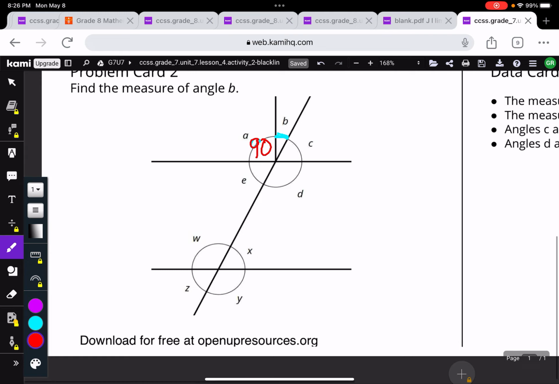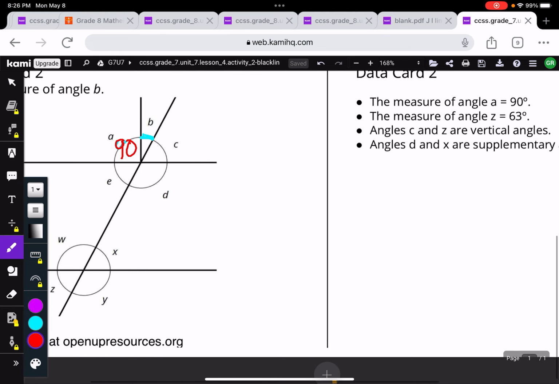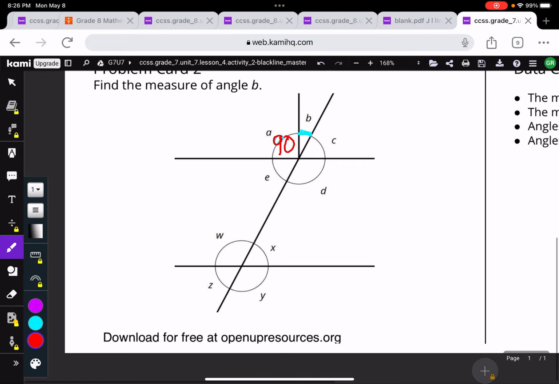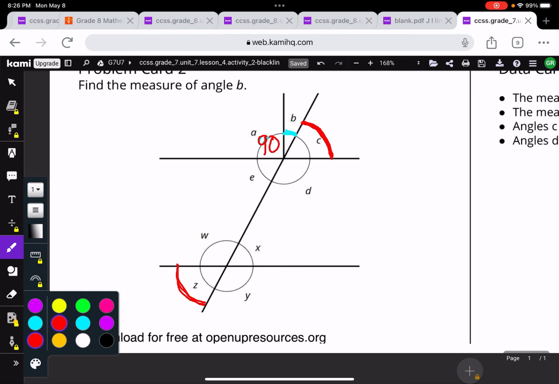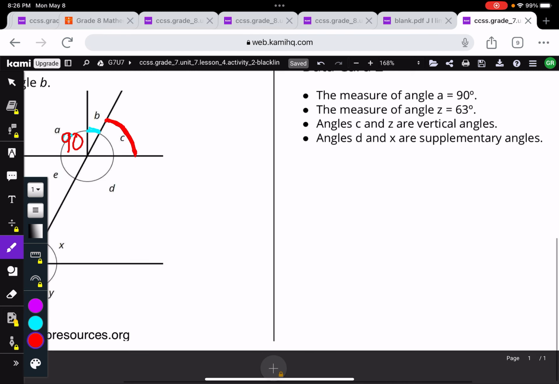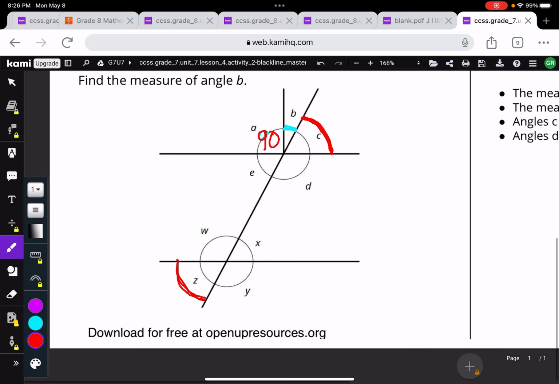Can you tell us what C is? Angle C, no. But they say C and Z are vertical, meaning this and this are equal. Vertical angles mean they're the same angle. So we could ask our partner, hey, do you know what angle Z is? And Z is 63 degrees. So if this is 63, then this is 63.